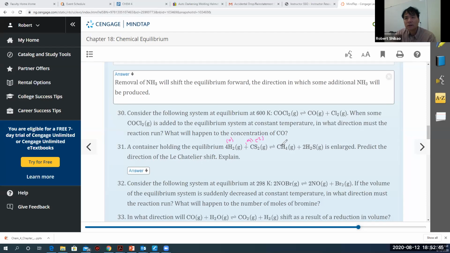And then over here, hydrogen's +1 in a compound, and that means carbon's at -4 here. And then over here, hydrogen's +1 and sulfur is -2. So it looks as if nothing happened to the sulfur.